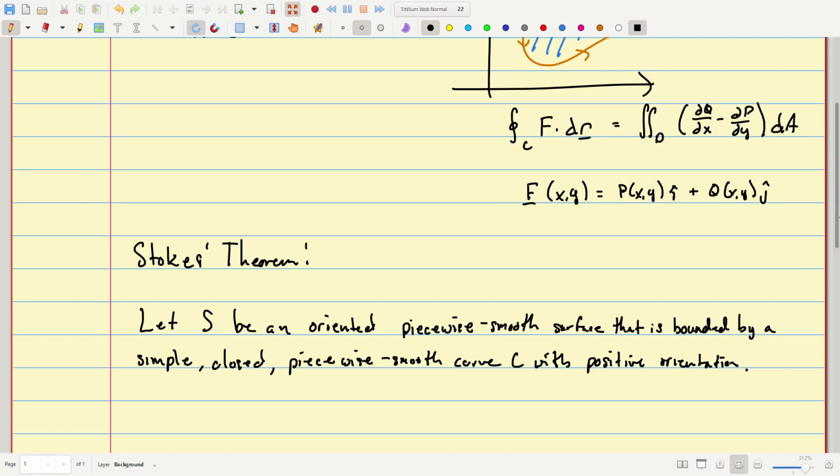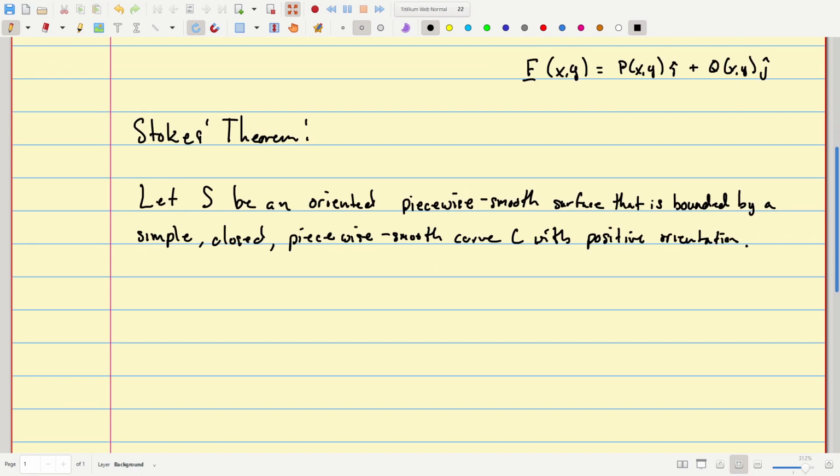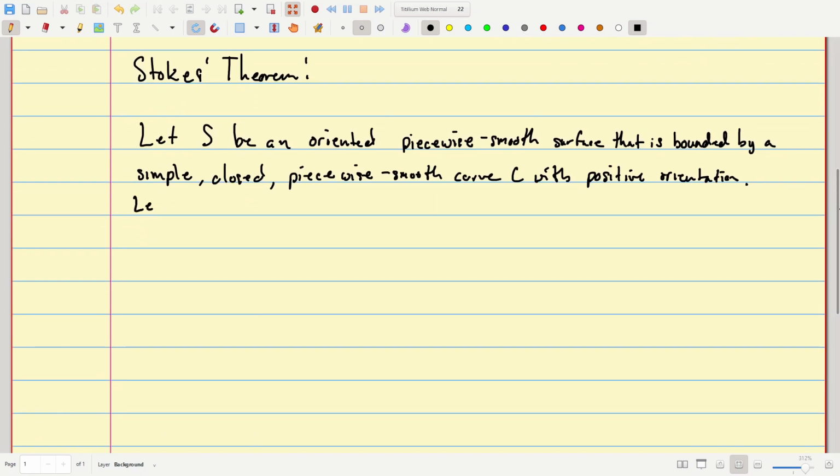Okay, so let S be an oriented piecewise smooth surface that is bounded by a simple closed piecewise smooth curve C that's positively oriented. Okay? F is going to be a vector field. The components have continuous partial derivatives.